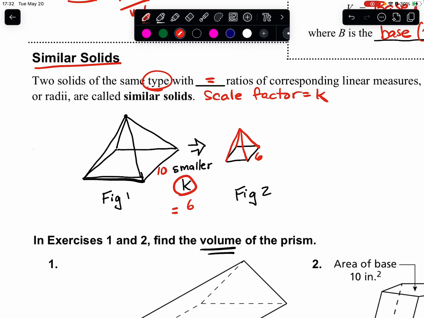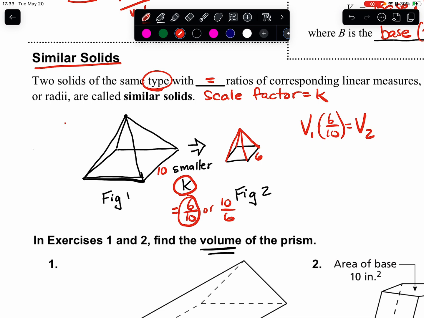And you recall from chapter 7, 8, that the scale factor is 6 over 10 or 10 over 6. You remember how to decide which one it is? Well, since you're going smaller, you want to pick the number that's less than 1. All right, so that's a review of scale factors. Now, volume. How does the volume of the first one compare to the volume of the second one? The mistake some kids do is they say, oh, I know, I'm just going to take 6/10 times that volume.